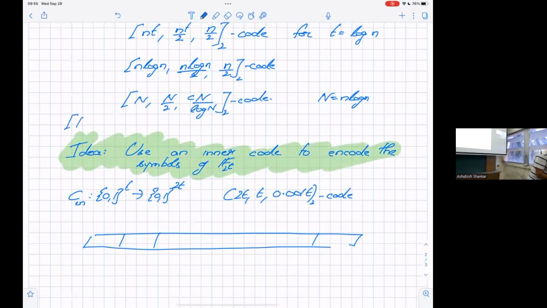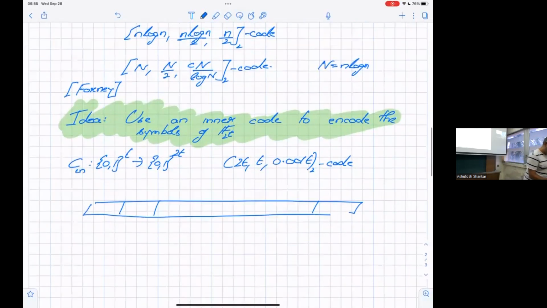Okay. So then what's happening? What are we going to be doing? We have this object over here. Each of these is itself blowing up to 2T. So this was T bits long, and this is blowing up to 2T, and so on.